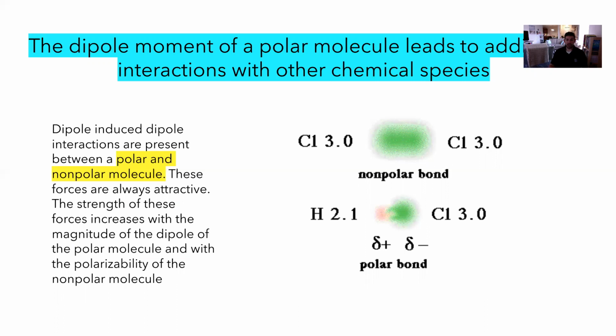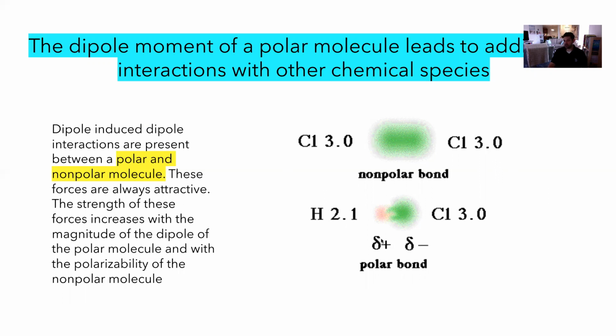So in this top example, we have Cl with a Cl, both 3.0. Now this is a diatomic molecule, Cl2, but it's a non-polar bond. No side of the molecule is pulling the electrons towards it. It's like a very even tug of war, whereas HCl, H being a 2.1 electronegativity, Cl being 3.0, we get the polar bond, right?